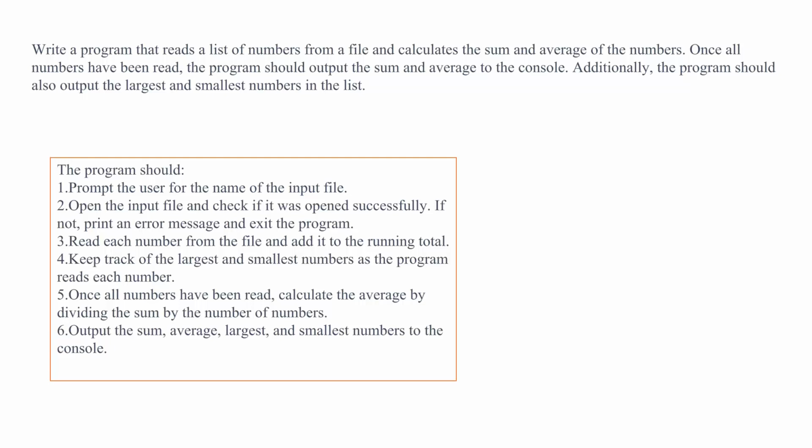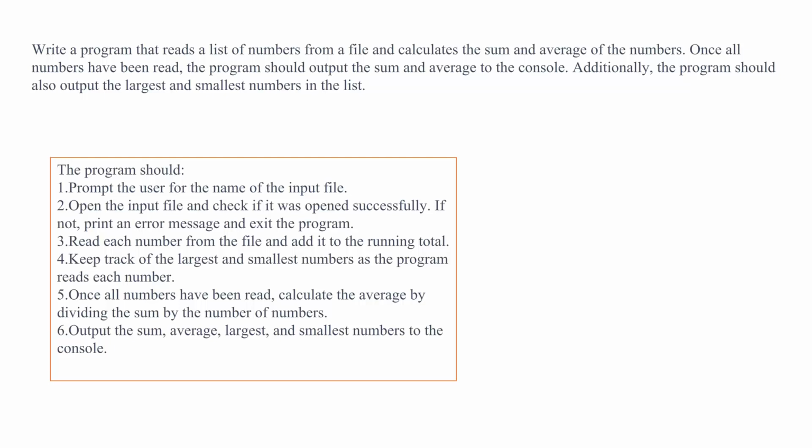So the program should first prompt the user for the name of the input file. Second, open the input file and check if it was opened successfully. If not, print an error message and exit the program. Third, read each number from the file and add it to the running total.